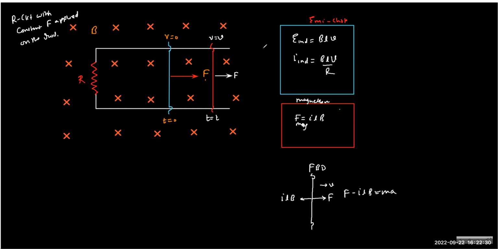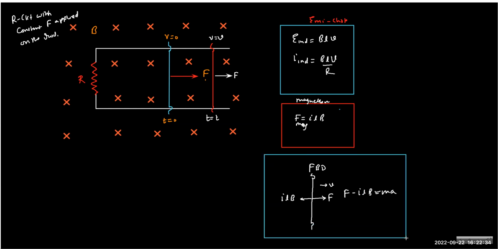Correct? So we're done with the laws of motion part. Once you have the laws of motion, you substitute the value of I and all.